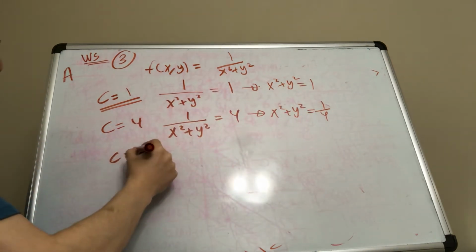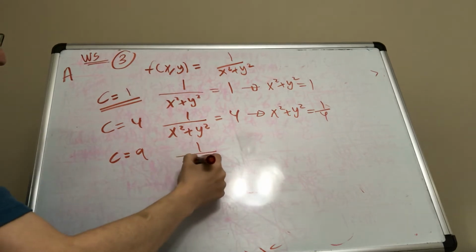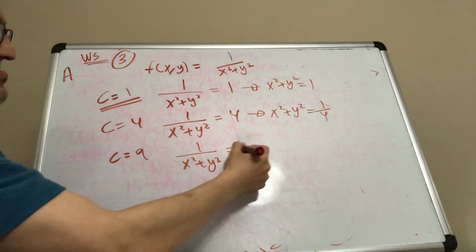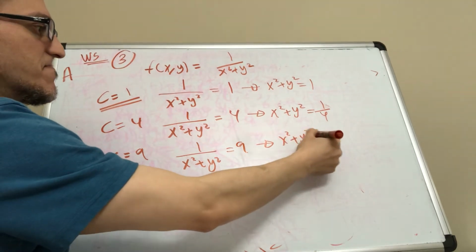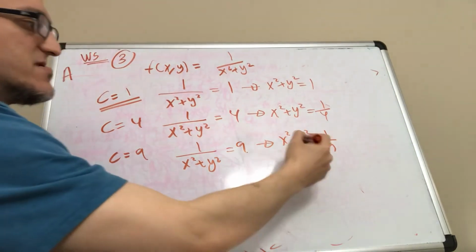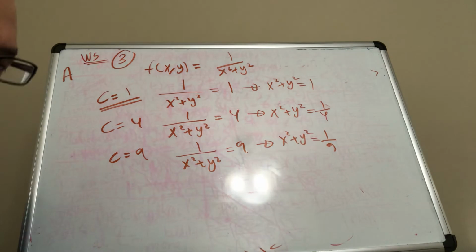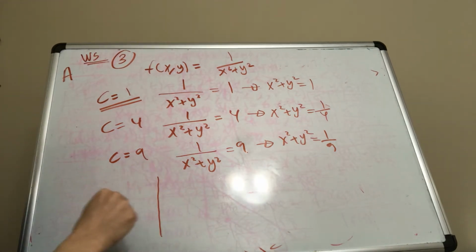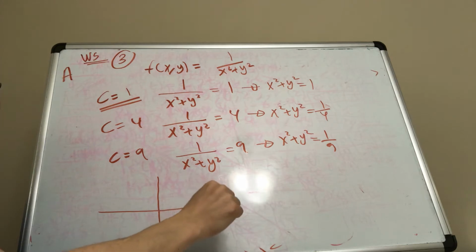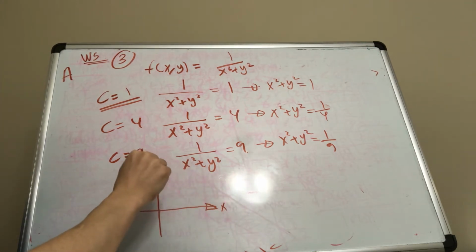If I take c equals 9, I flip both sides, then this is a circle with radius 1/3. So you go here, you go x, y.